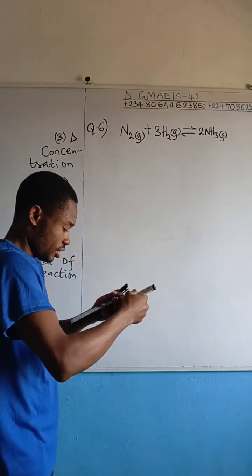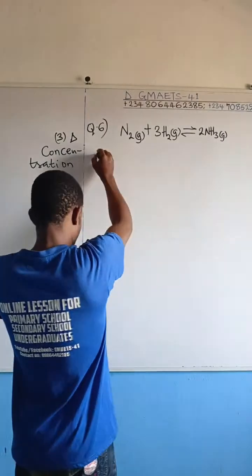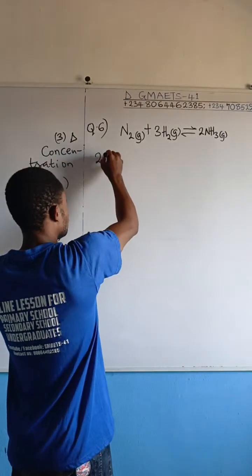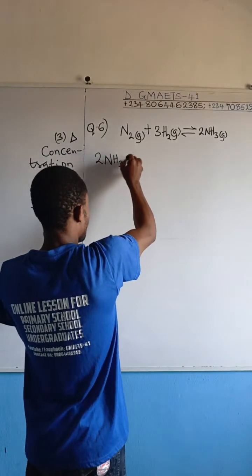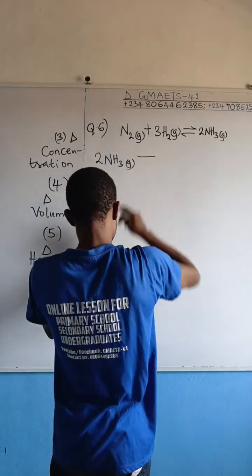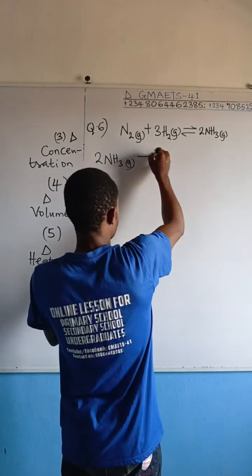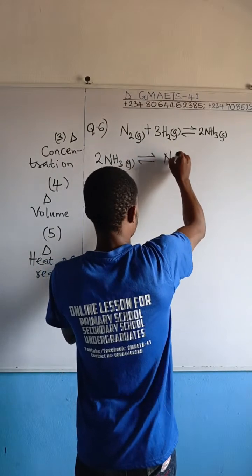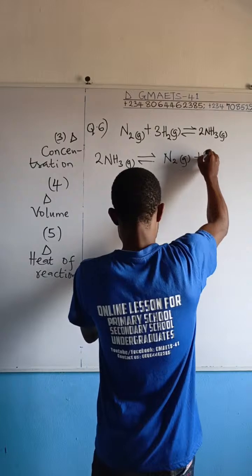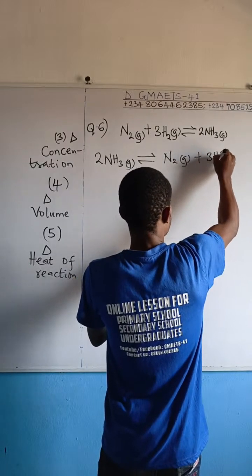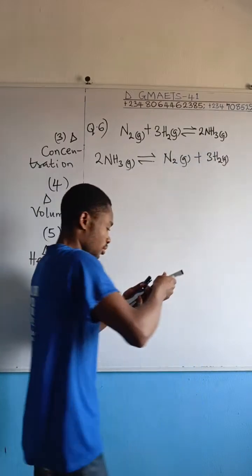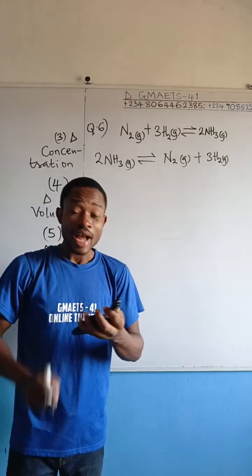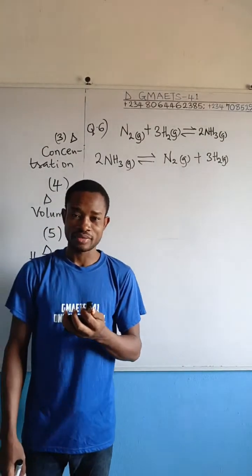Then towards the end of the question, we have 2NH3 gas producing, as a kind of reverse reaction, nitrogen gas and hydrogen gas. That's good. I can now dictate the question.